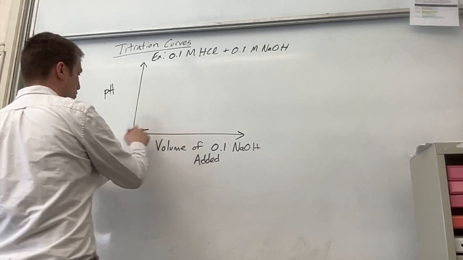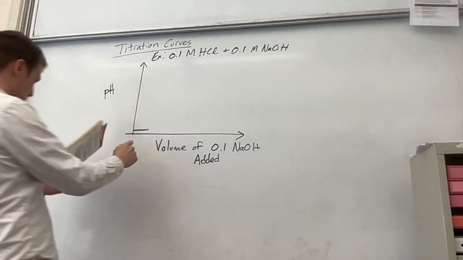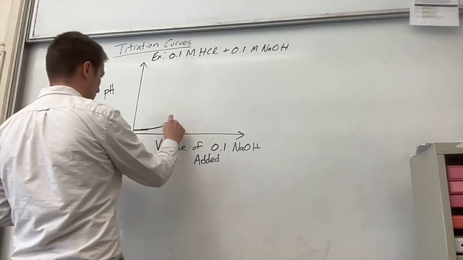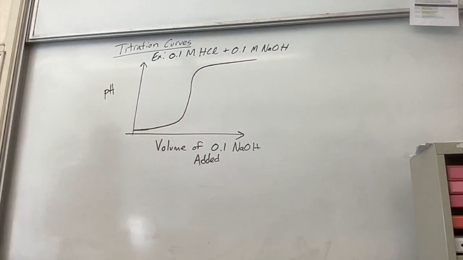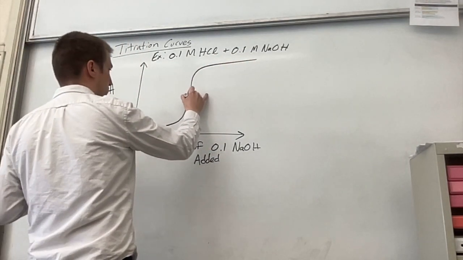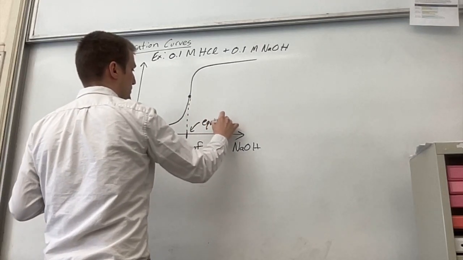You'll have a low pH to start because you're starting with just acid. As you add base, it will slowly increase the pH, and then it will go up very sharply. And at that point right there, that's called the equivalence point.